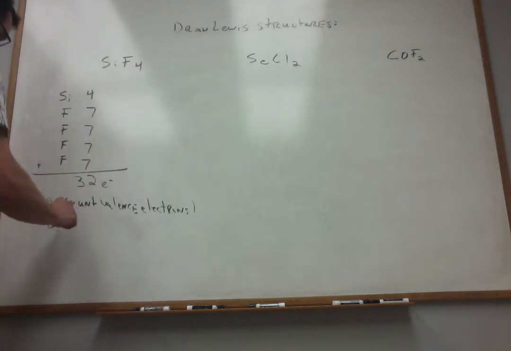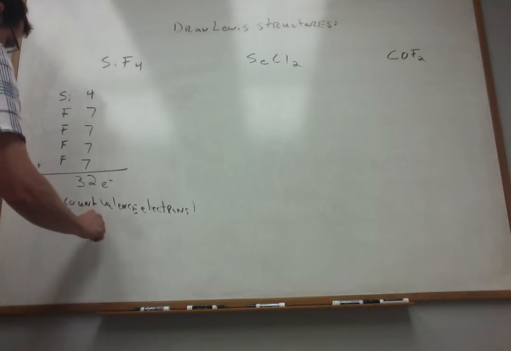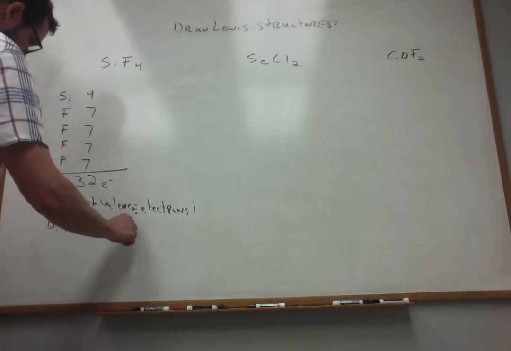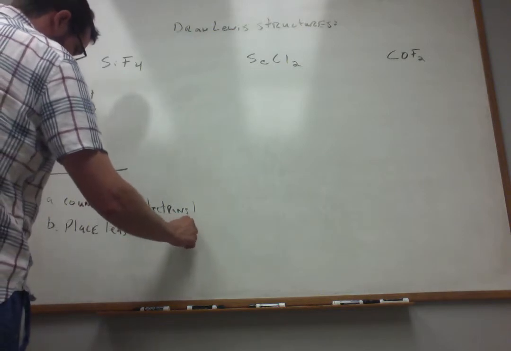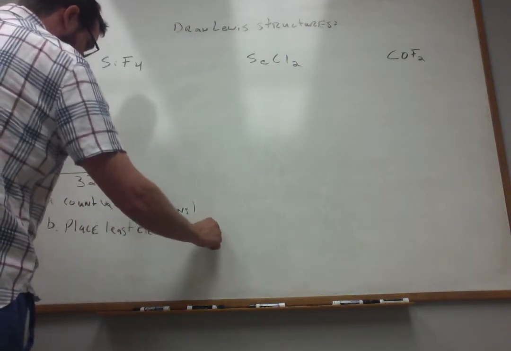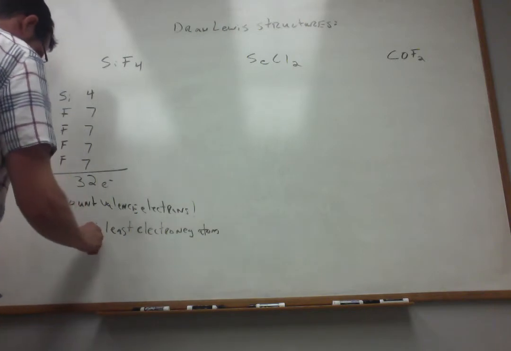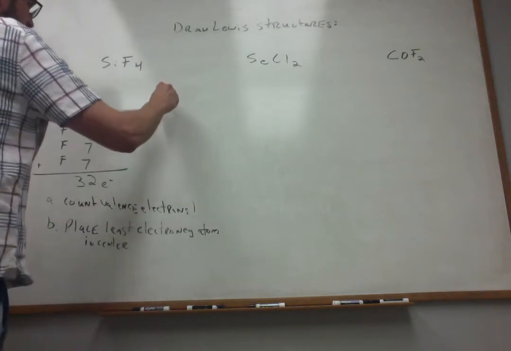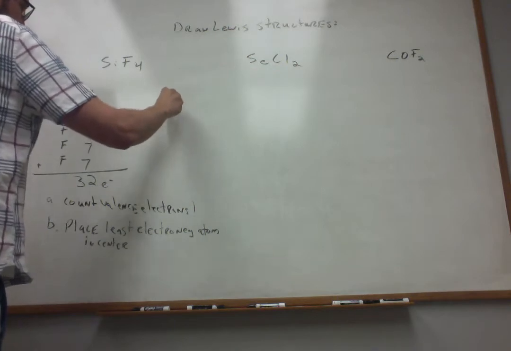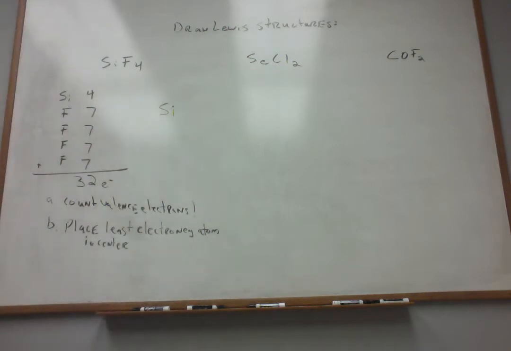The next step is to place the least electronegative atom in the center. Now, in this case, that's my silicon, because fluorine's very electronegative.